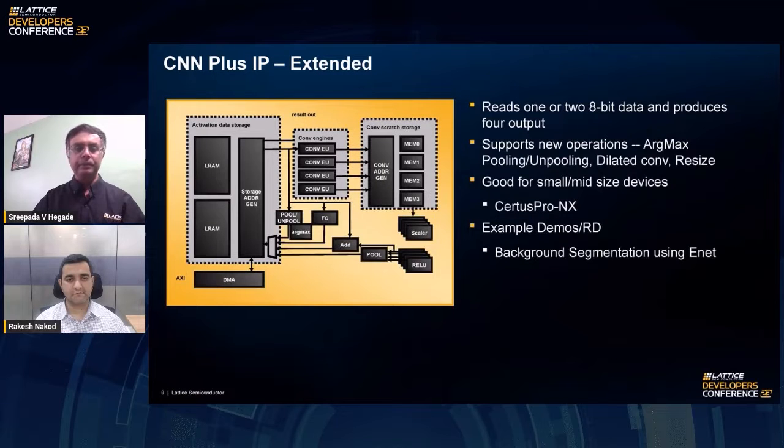Now, we have an extended engine. Why I'm talking about all these engines is to showcase the flexibility, right? For example, when we do a certain application like segmentation, it requires special operations like unpooling, dilated convolutions, and argmax.